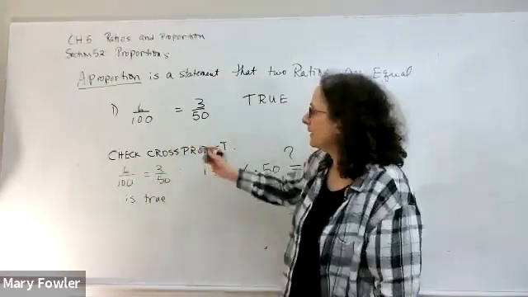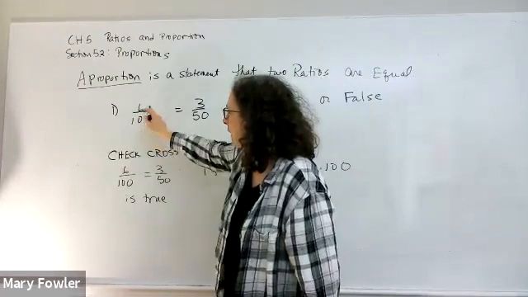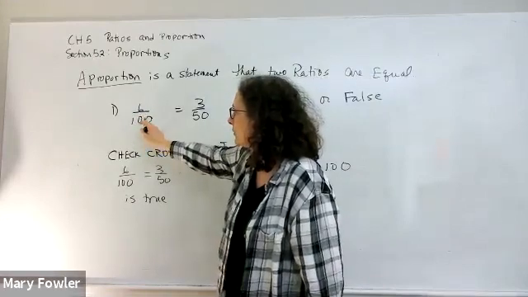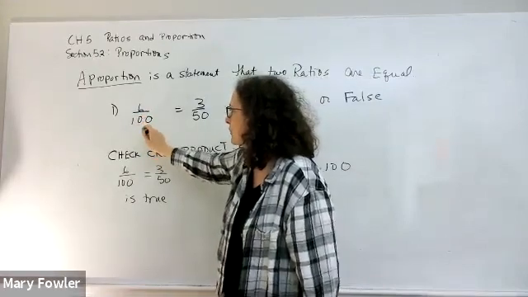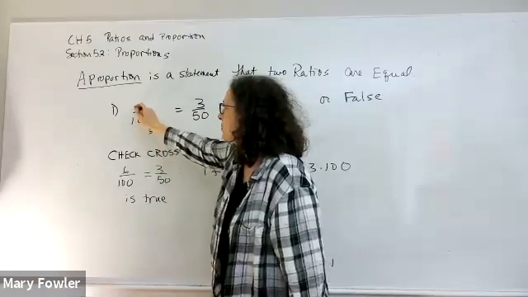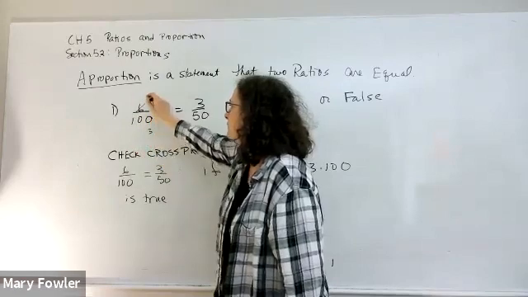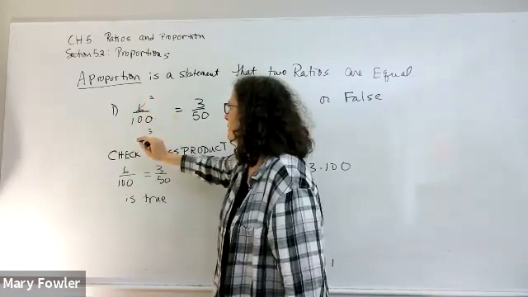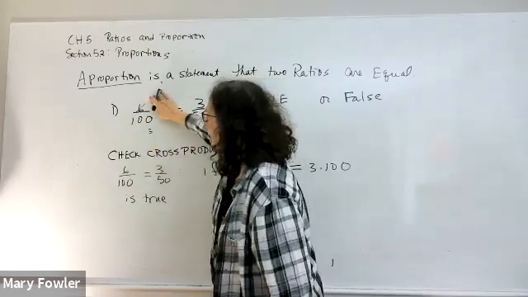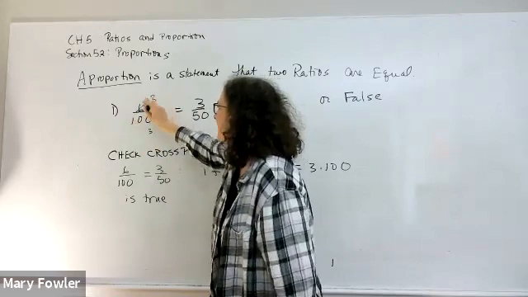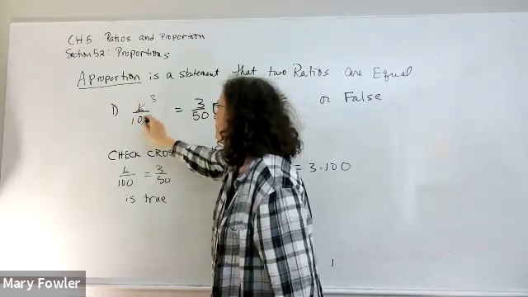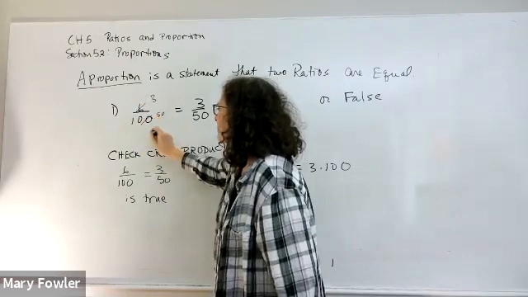And if we do that, we're going to simplify. There's a 2 in the 6 and the 100. 2 goes into 6 three times, and 2 goes into 100 fifty times.